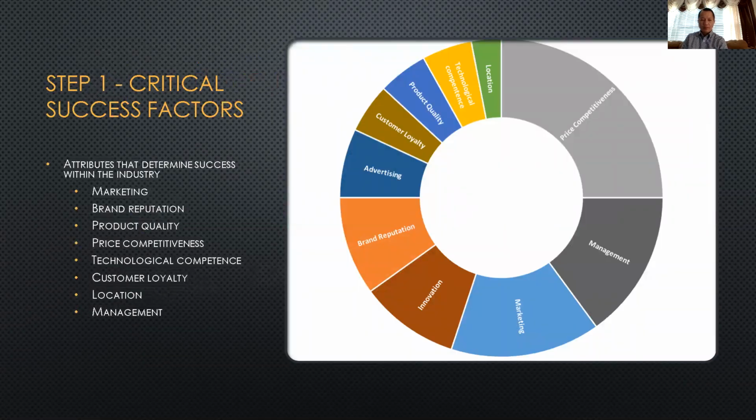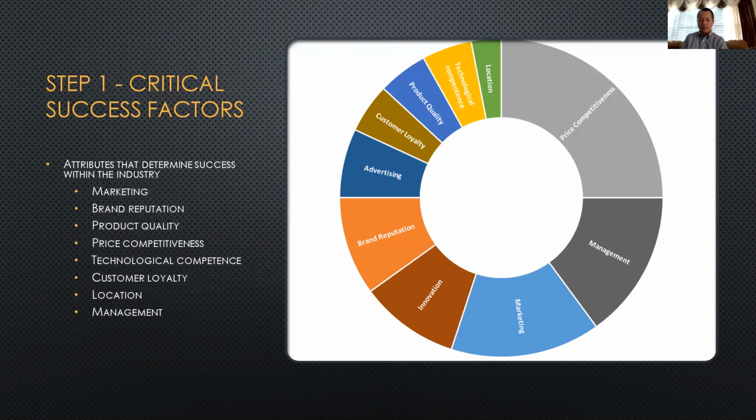So like I said, step 1 is to create the critical success factors within that industry or that market. So you determine what's important within your market or your industry, the attributes or indicators or factors that you figure will be beneficial as you compare yourself to your competitors.